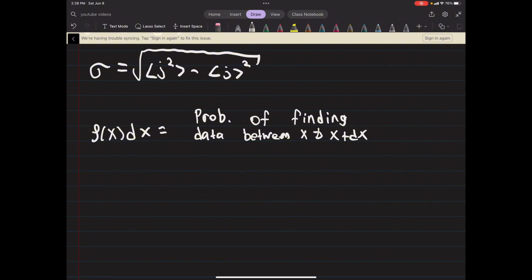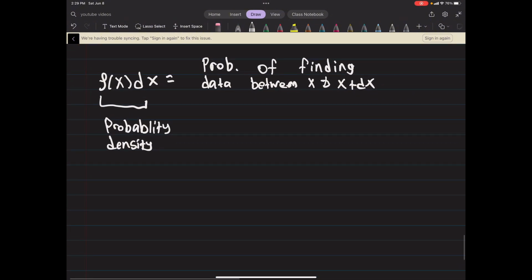So this is what's known as your probability density. And the probability of finding, say, a particle between A and B is just the integral from A to B of rho of x dx.